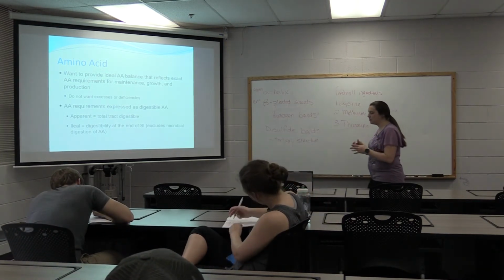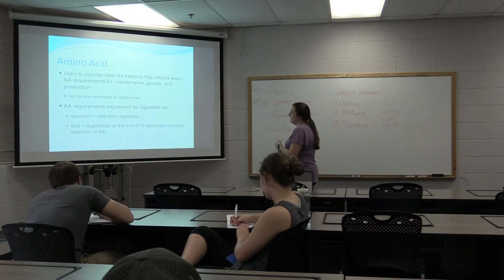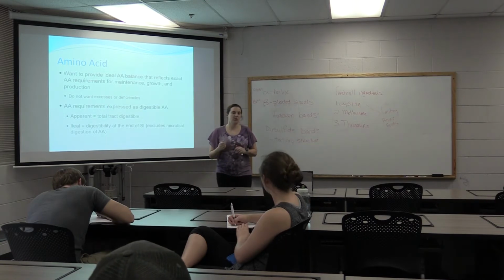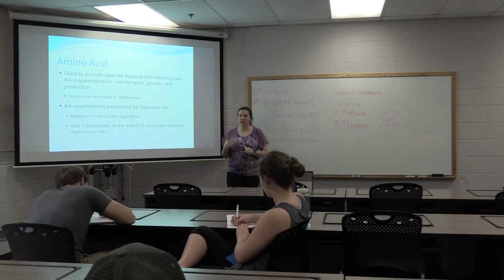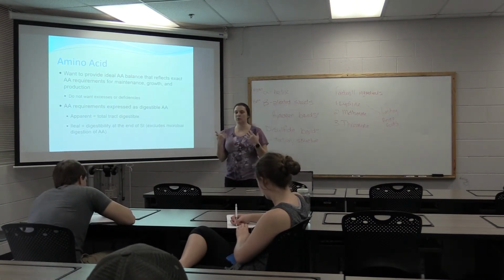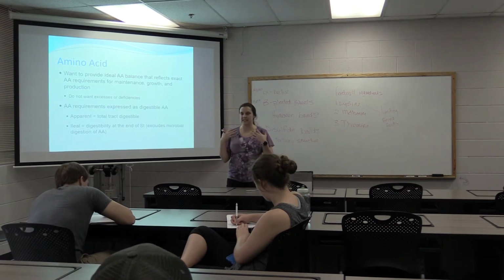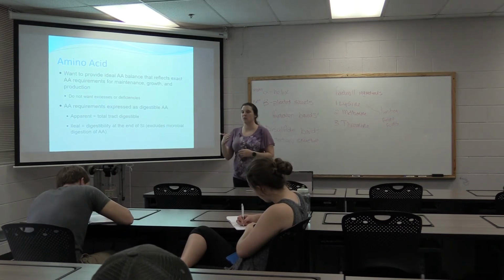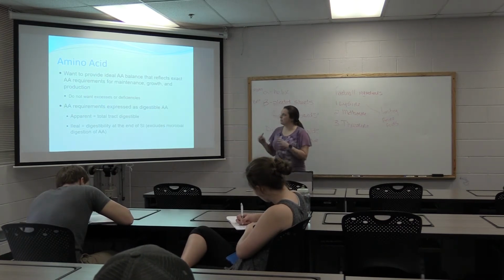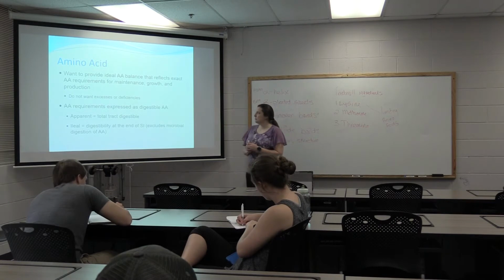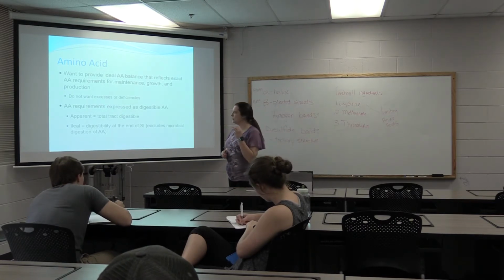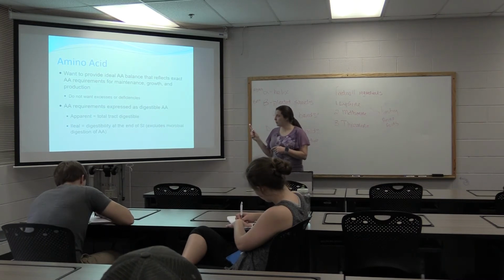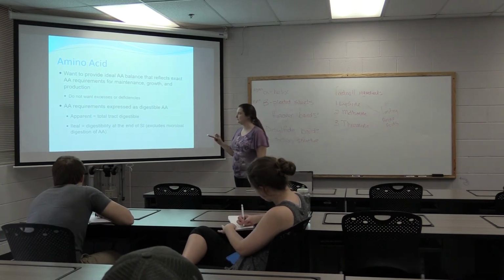So we want to provide an ideal amino acid balance. We want to make sure that what we're feeding to the animal is meeting its nutritional requirements without overfeeding them. So that's called the ideal amino acid balance. So we'll look at what the requirement is for optimal growth and production and maintenance.